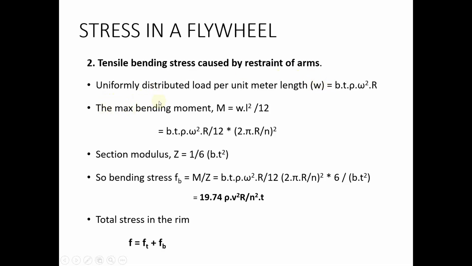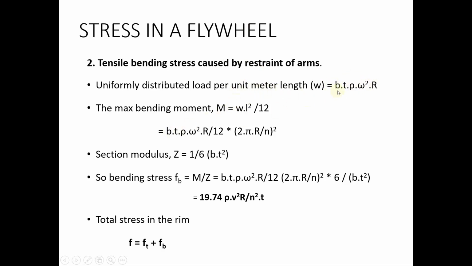Now the expression for the maximum bending moment for a uniformly distributed load which is fixed at both the ends is W L square by 12. We substitute the value of W in this equation.